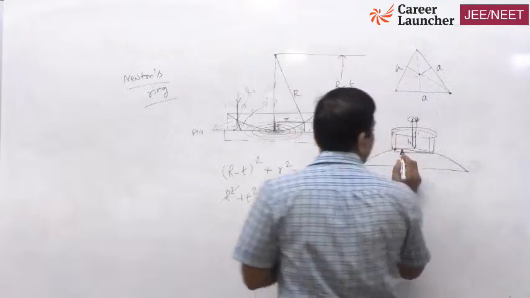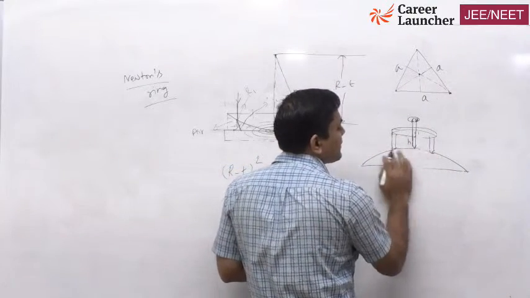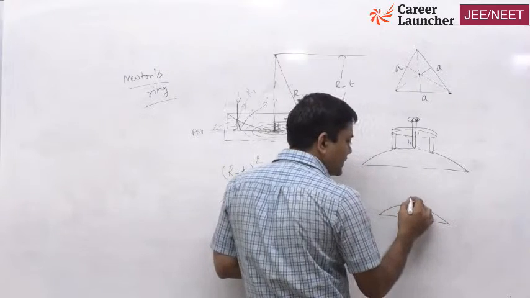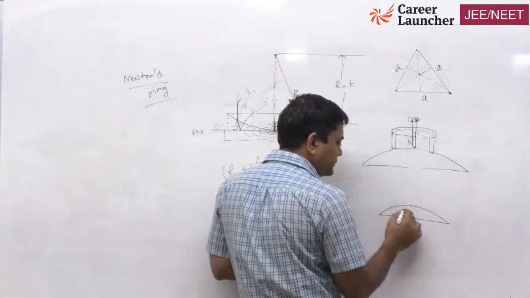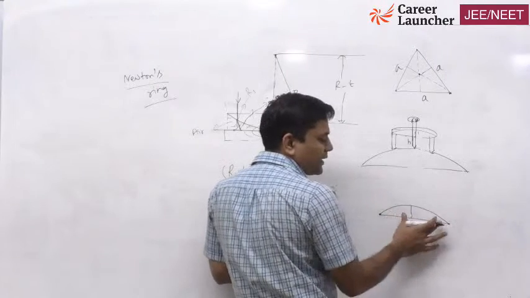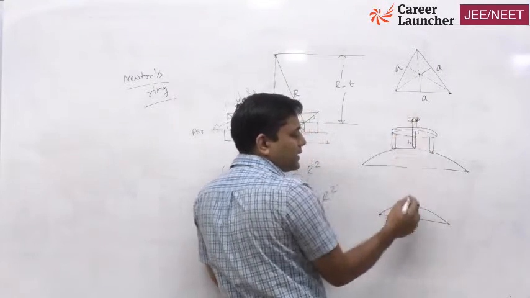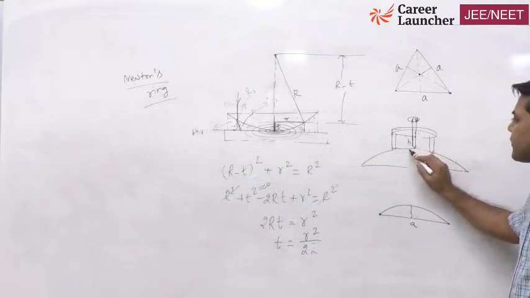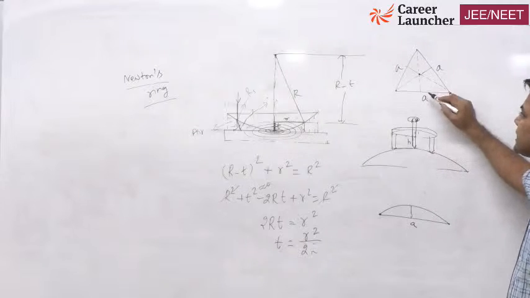Once you are able to calculate this distance, you can have a look like this. This is H, and this is, say, A, the total A of this triangle, and this is H over here. So how do we calculate the value of A in this case?